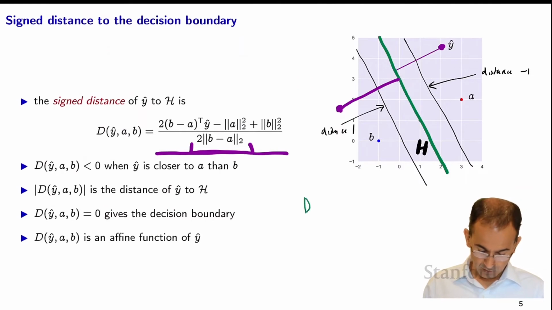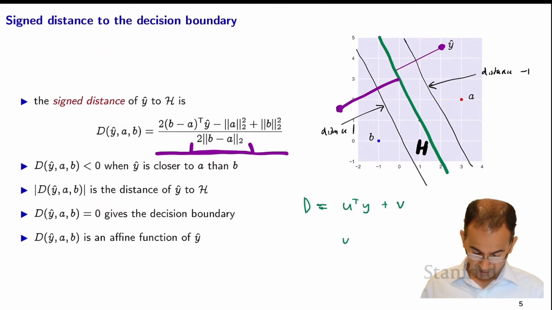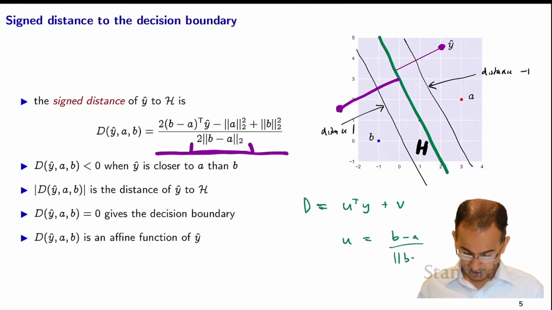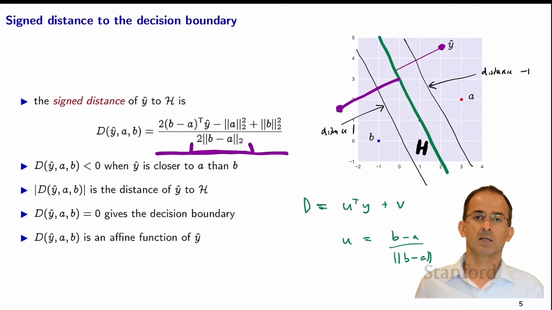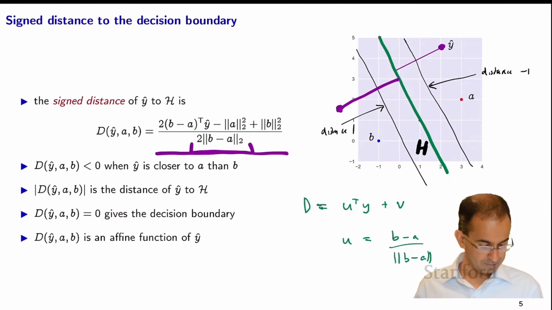D is equal to u transpose y plus v, where u here is a unit vector. It's b minus a divided by the norm of b minus a. And because u is a unit vector, it's measuring distance, corresponding to the unit distances that we use in the plane.